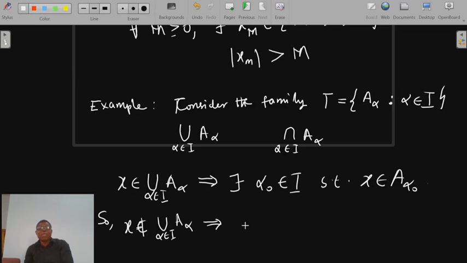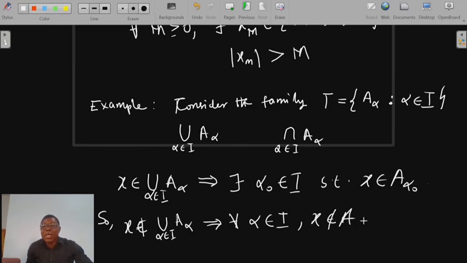So the negation of this statement, that is to say x not in that particular union, means that for any alpha you give me in I, x is not in A alpha.